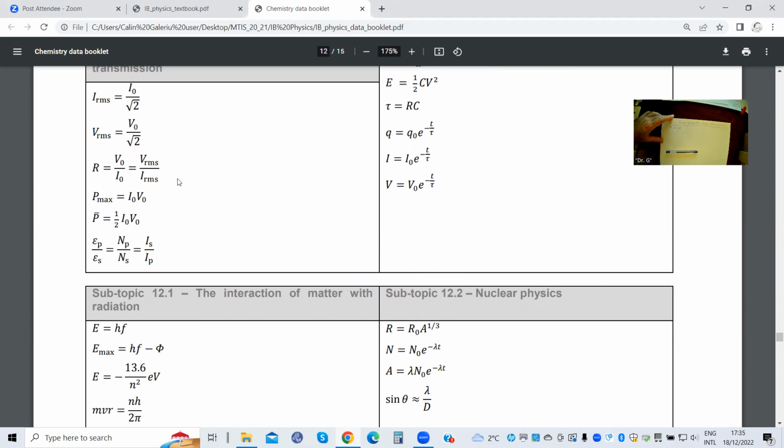R is equal to V0 over I0. P max is I0 V0. Average power is 1/2 I0 V0. And the last formula relates to transformers. So let's see what's going on with these formulas.